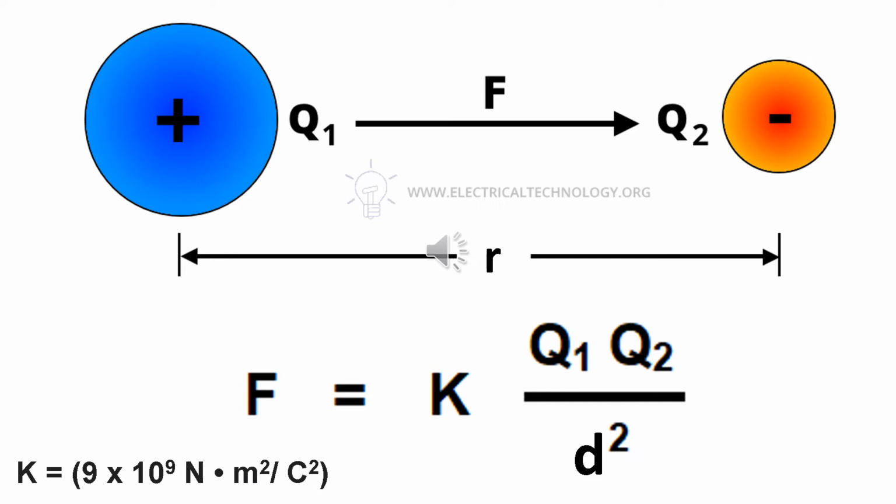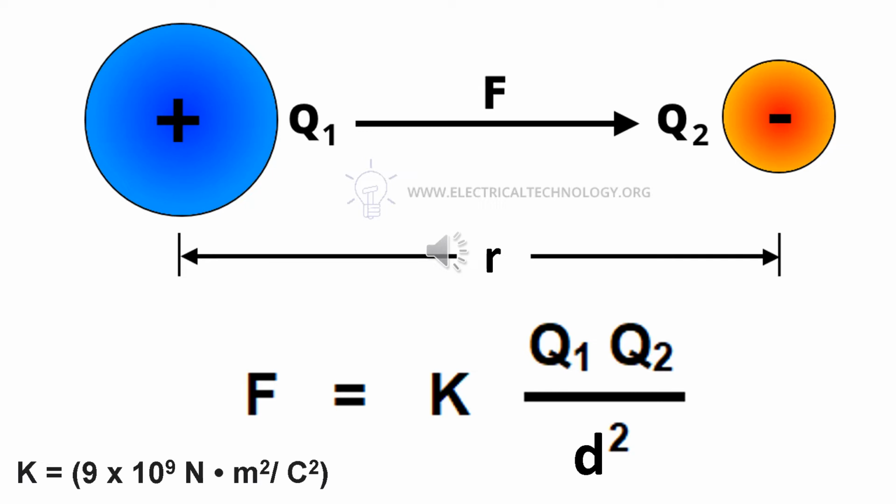So the further the distance of the charges from each other, the more the force decreases. If they are near to each other or closer to each other, then the forces are stronger. The direction of the force could be towards or away, or it is said that they are attracted and repelled.